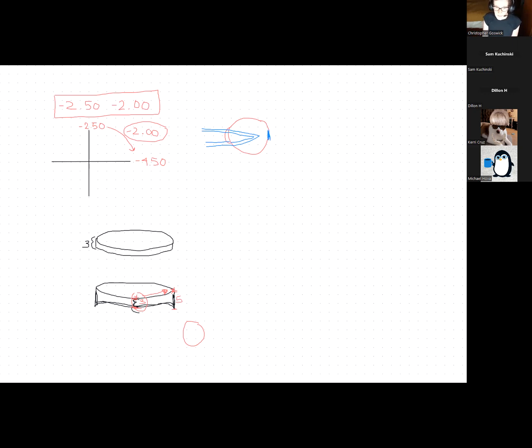So in this case, it's very clear because everything stays minus here, that it's going to be compound myopic astigmatism. Okay. The pictures help, I think, but the optical cross is really what will get you there.